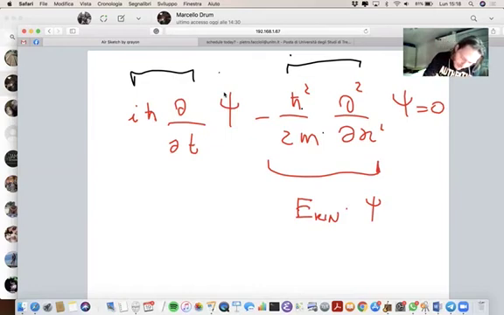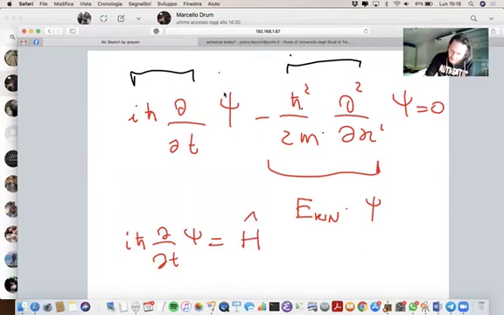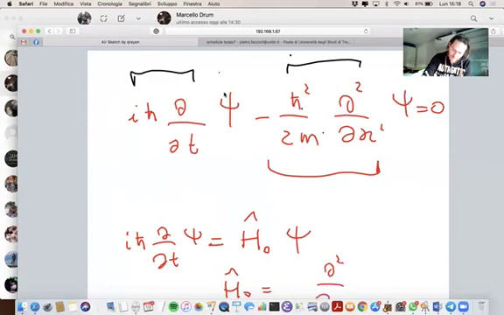So I get something like i h bar d by dt of psi is equal to some mathematical operation, let's call it H naught. And if I carry out this mathematical operation, what I basically get out is the kinetic energy. And what is the mathematical operation? It is taking twice the space derivative and a negative sign, multiplying by h bar squared and dividing by twice m.